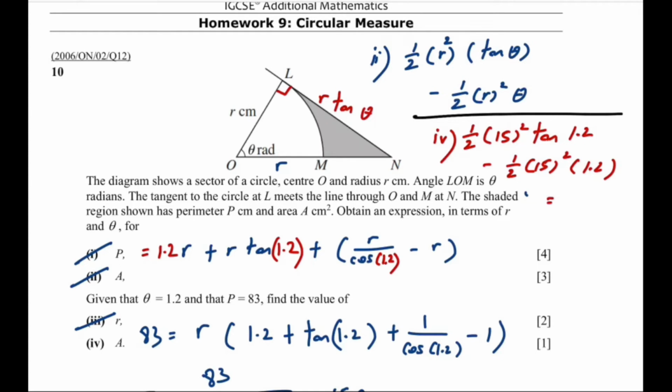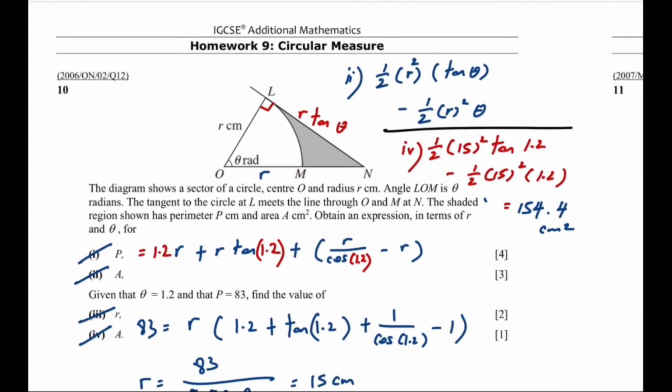Let's sub in the values. 0.5 times 15 squared times tan 1.2, minus 0.5 times 15 squared times 1.2. Final answer, 154.4 cm squared. That should be the final answer for the shaded area.